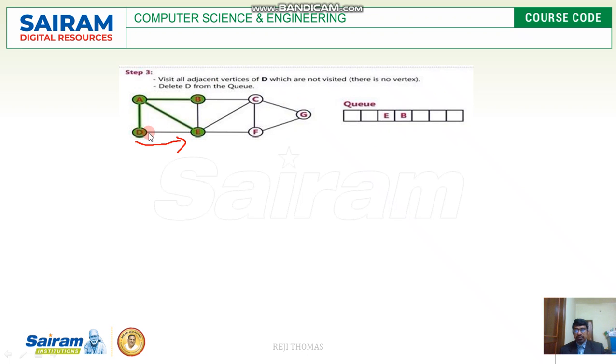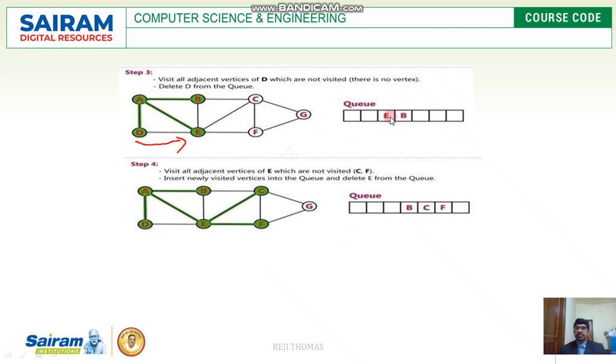There is no node which is not visited, so I delete D from the queue. Next, visit all adjacent vertices of E. E has two adjacent vertices, C and F. So I'll insert C and F into the queue.